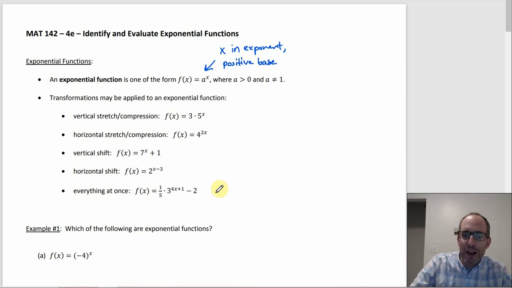And then you could do everything all at once. It looks like that's got a vertical compression, horizontal compression, a shift to the left, and a shift down. That would be a lot to do all at once. But we're not going to have any that have 4 things going on. Maybe 3 when we actually get to making the graphs.